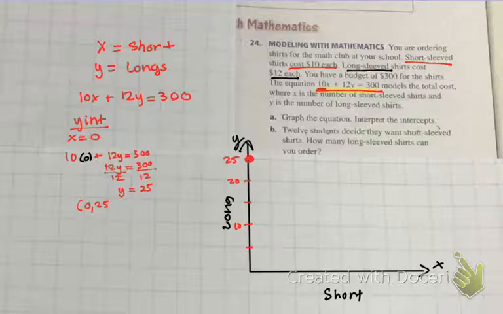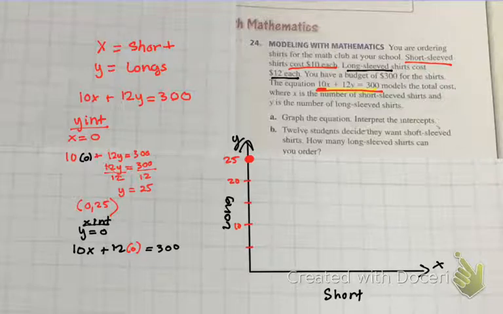I'm going to plot that point. The next one I'm going to set y equal to 0. This is my x-intercept. So I'm doing 10x plus 12 times 0 equals 300.